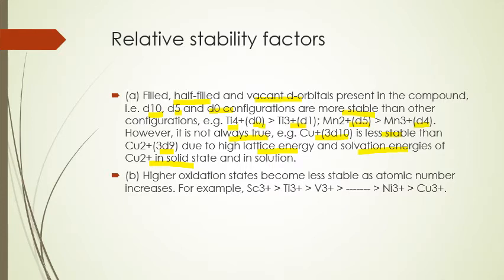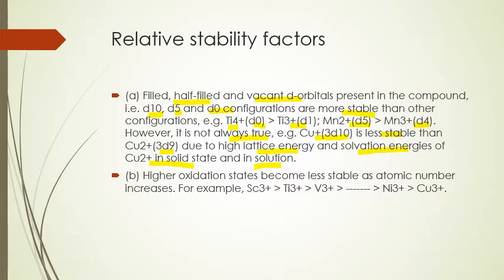If it has high lattice energy, it is more stable, no? Even the solvation energy. So we cannot say that only one factor, the electronic configuration, decides the stability of the oxidation state. Yes, it is one of the factors, but other factors can dominate and decide which oxidation state is stable.